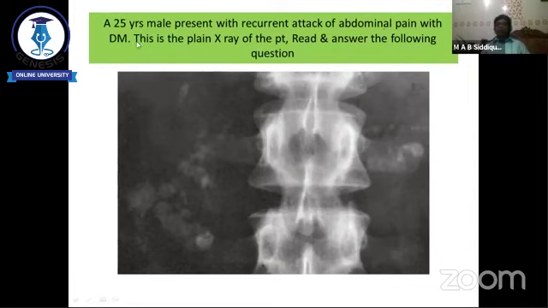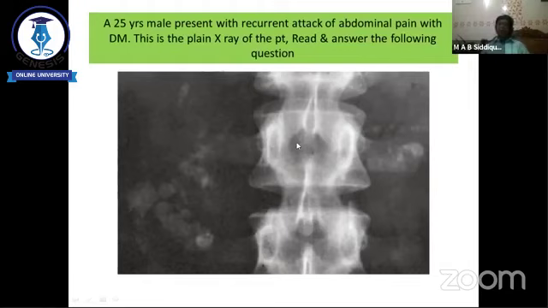So abdominal pain with diabetes mellitus, what is the relationship with this radio-opaque shadow? There is some relationship. So what is the radio-opaque shadow?